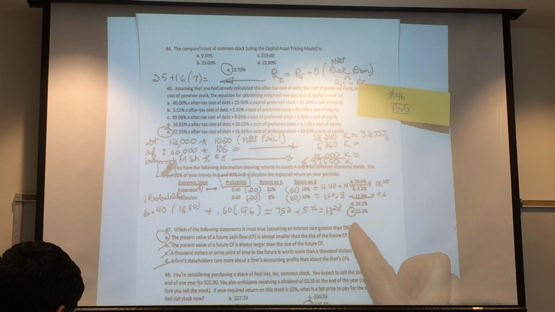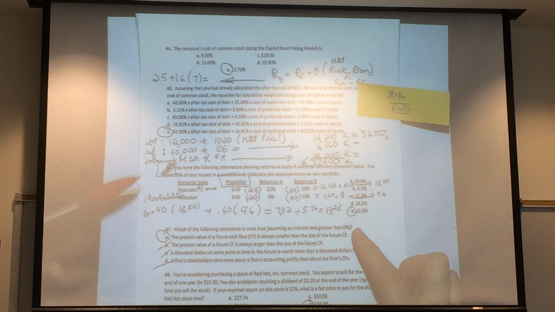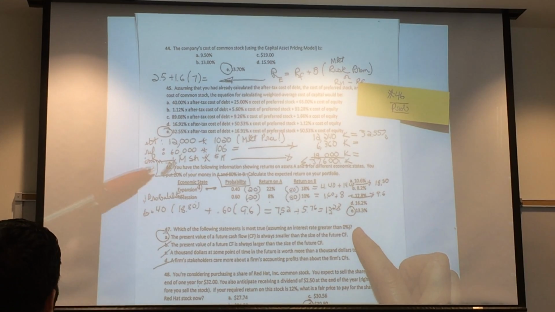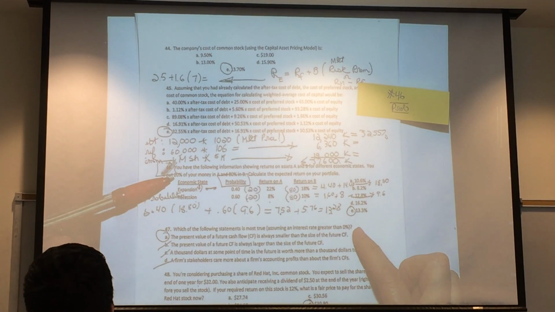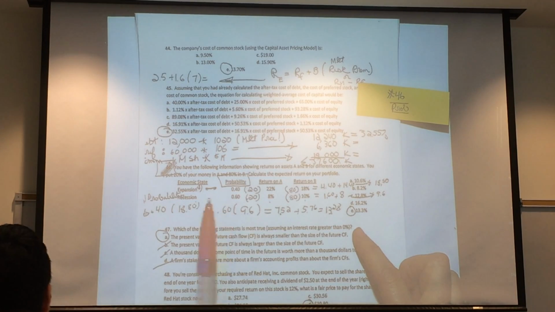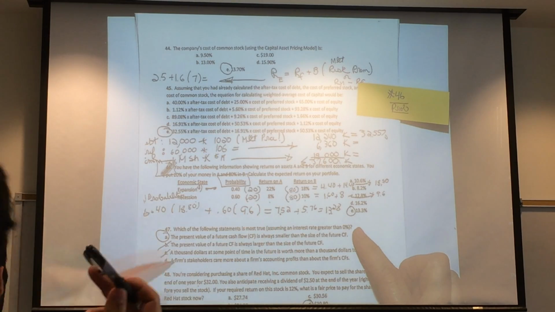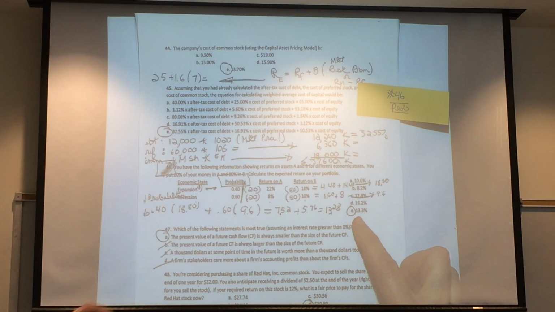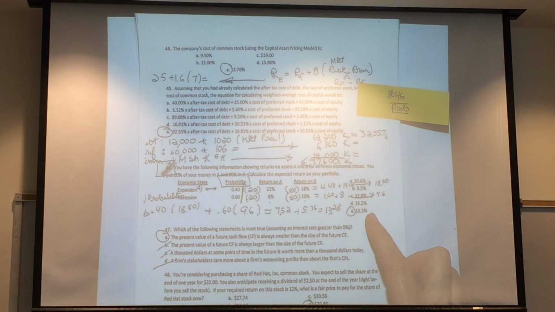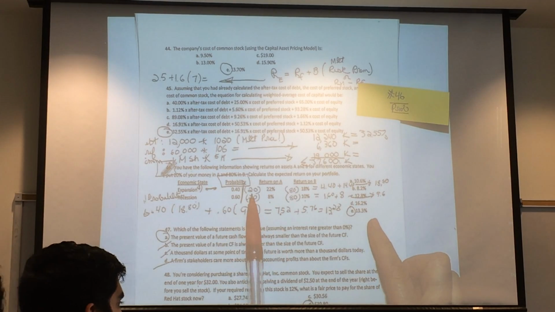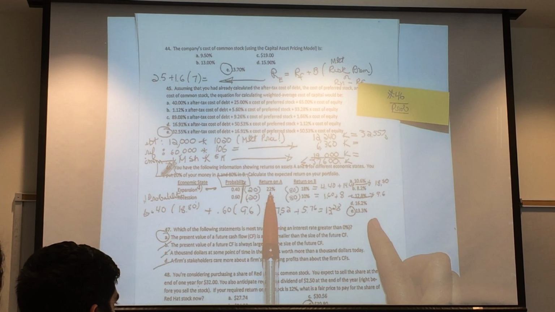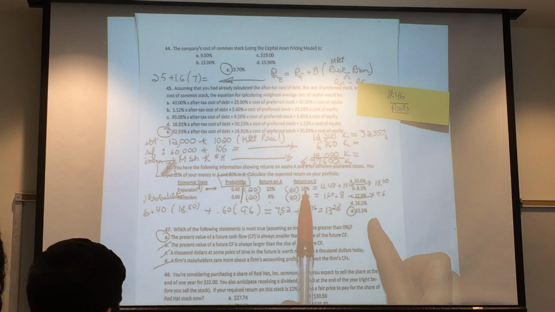This is very similar to the probability question that I showed you before. In this case, you have A and B, you put 20% of your money in A and 80% in B, and the returns are different. You have to figure out the expected return of A and B using the weights. Then you come back and use the probabilities. I took my 20% times the 22% and the 80% times the 18%.